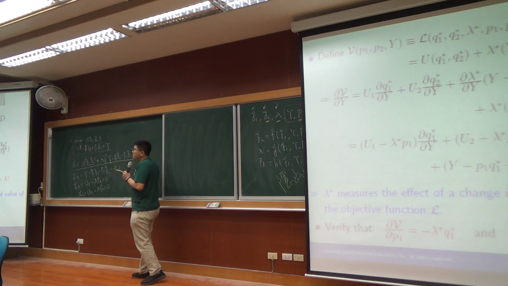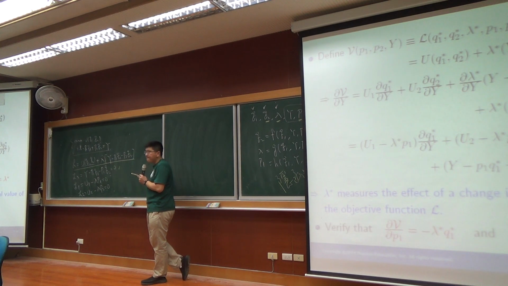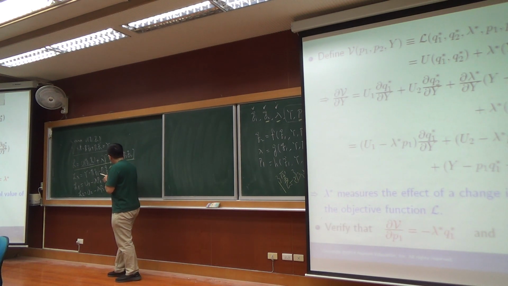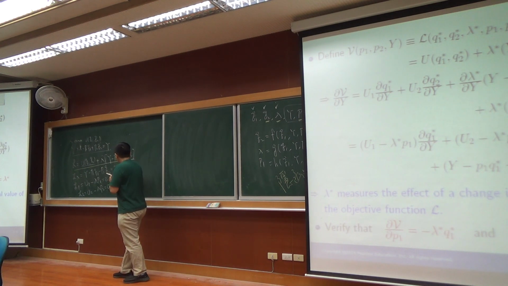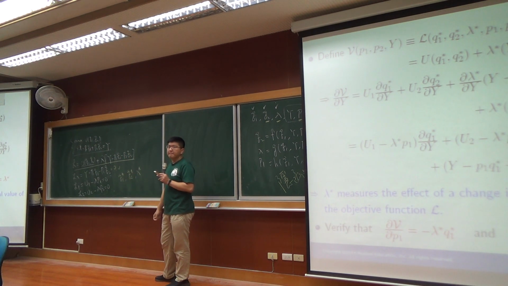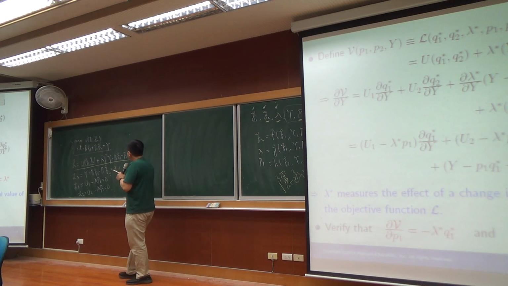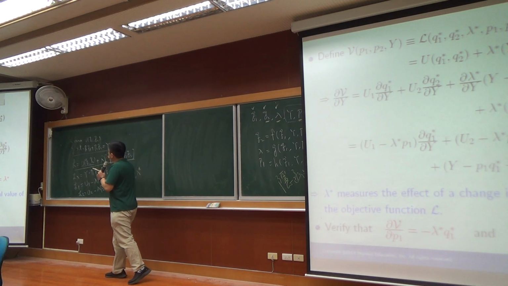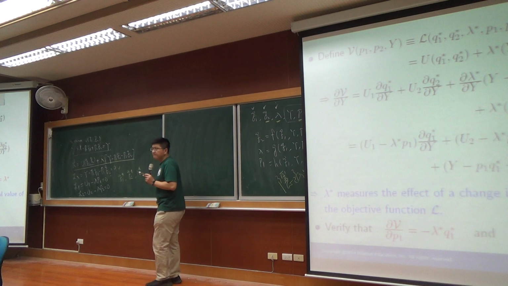We are maximizing utility. And now, since we have the optimal solution of Q1, the optimal solution of Q2, and the optimal solution of lambda, we may replace these three optimal values back into the original function.